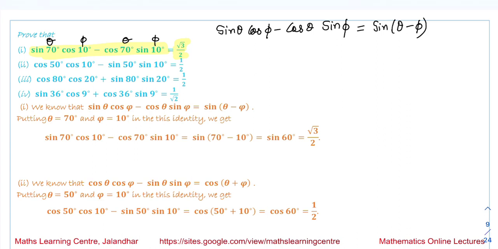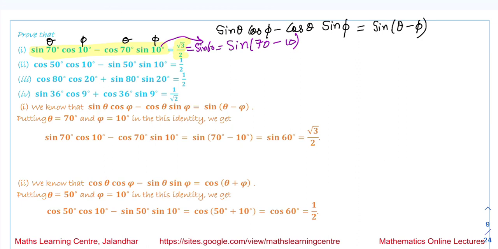So this value is equal to sine of 70 minus 10, that is sine 60, and the value of sine 60 we know is square root 3 by 2.